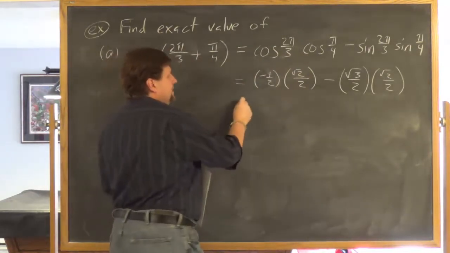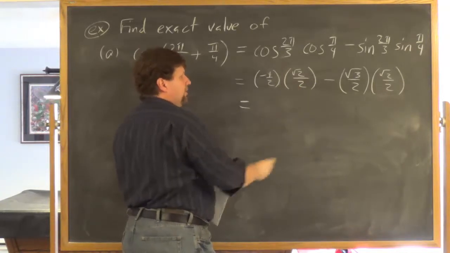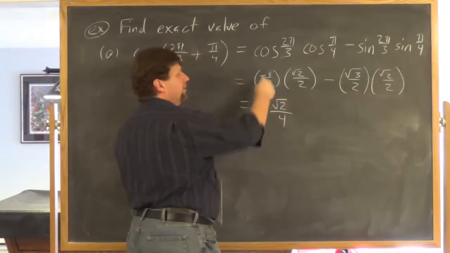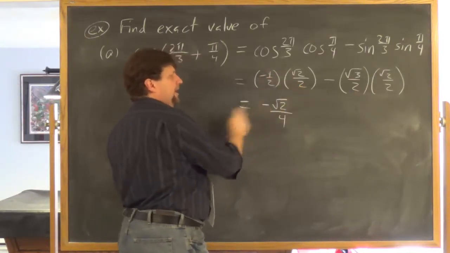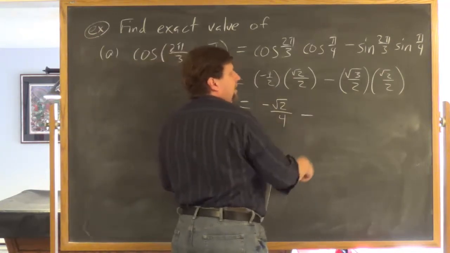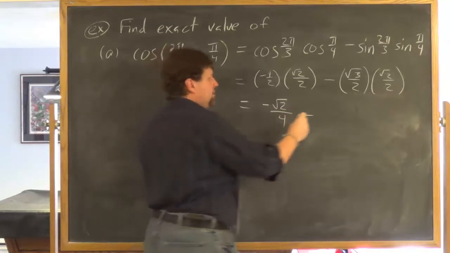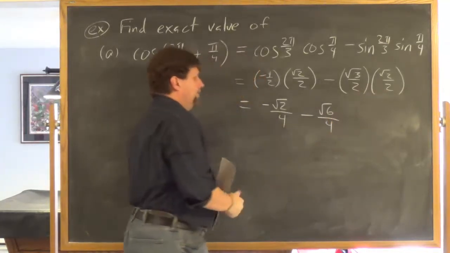So just to clean this up, if we take negative 1/2 times square root 2 over 2, we'd get negative square root 2 over 4. Remember, numerator times numerator over denominator times denominator. Minus square root 3 times square root 2, that's square root 6 over 2 times 2, which is 4.